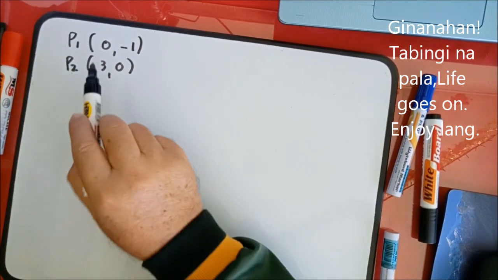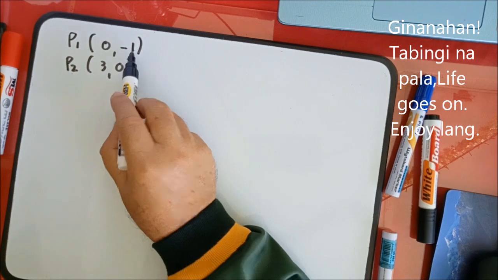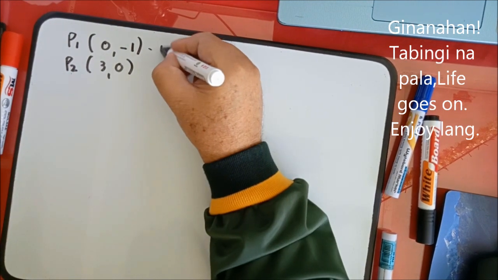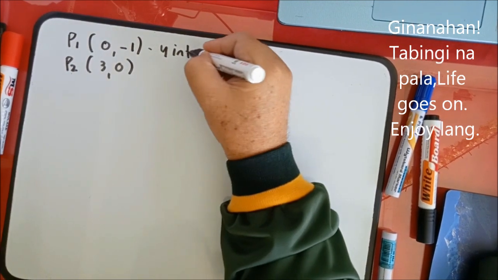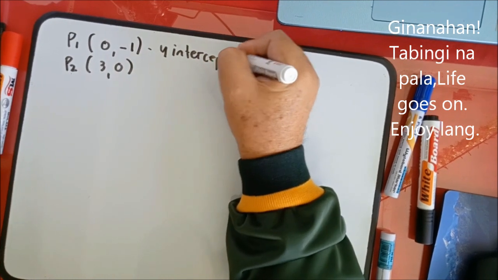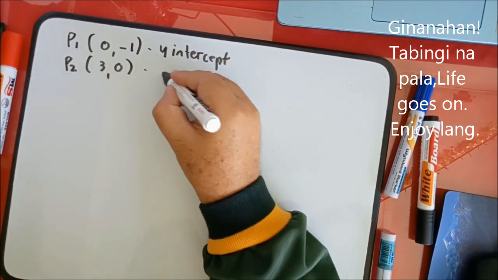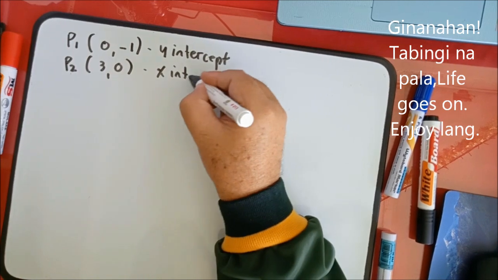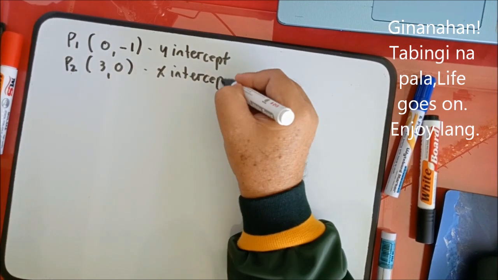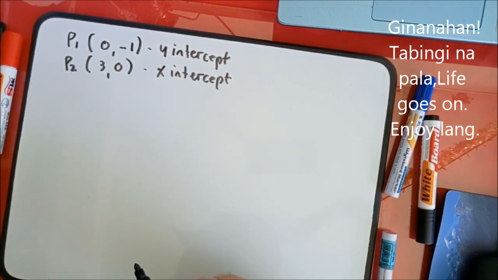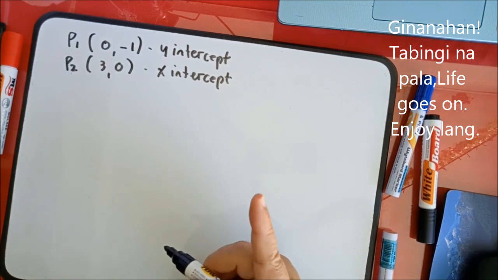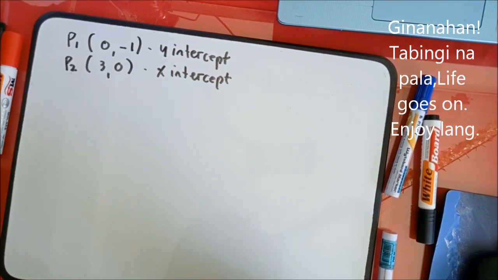Okay, meron tayong y-intercept and meron tayong x-intercept. Okay, supposing ginamit natin yung y minus y1 equals y sub 2 minus y sub 1 over x sub 2 minus x sub 1 times x minus x sub 1.